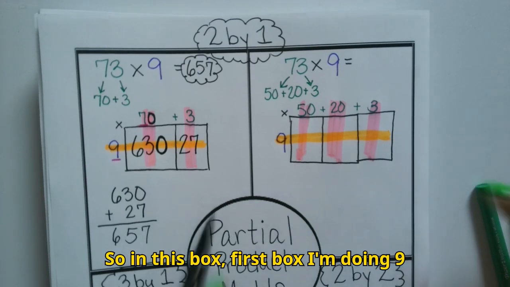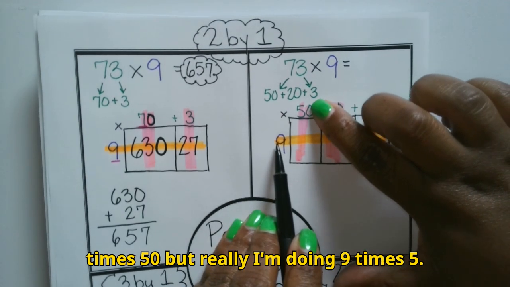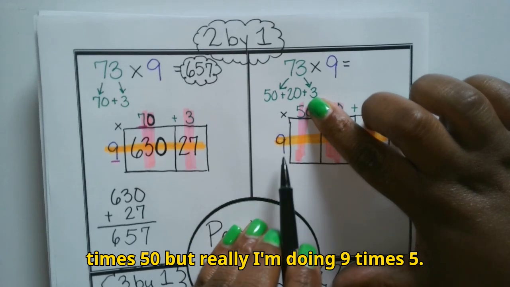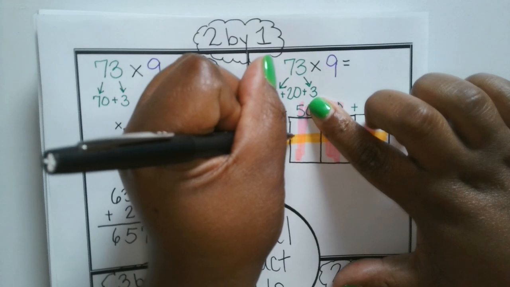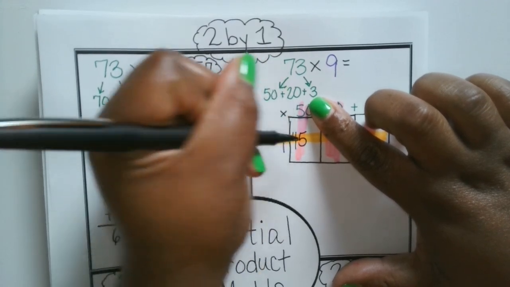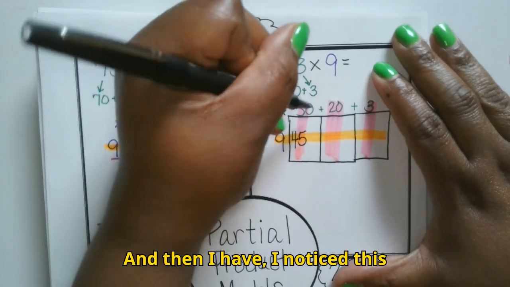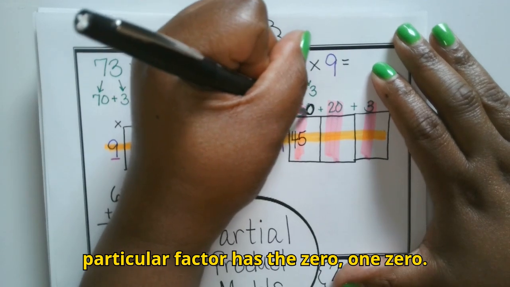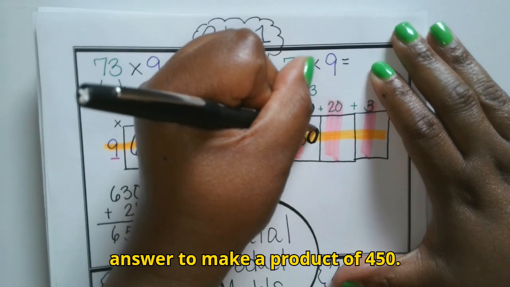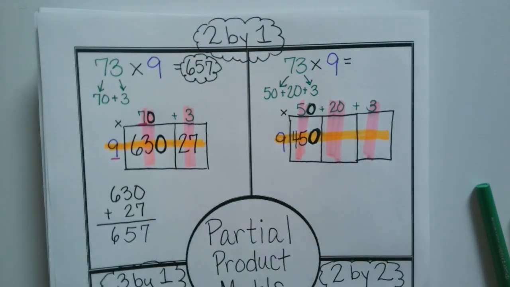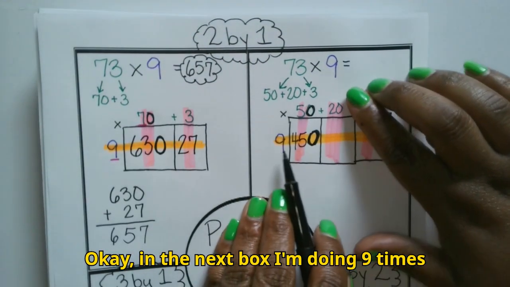So in this first box, I'm doing 9 times 50. But really, I'm doing 9 times 5. 9 times 5 is 45. And then I notice this particular factor has the 0, 10. So that means 10 goes onto my answer to make a product of 450. Okay, in the next box, I'm doing 9 times 20.